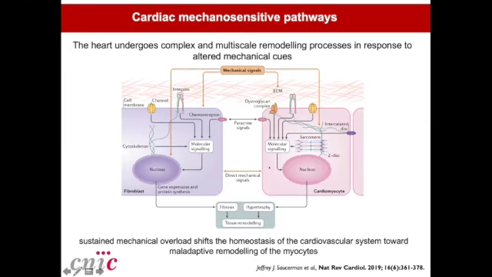However, when we have, for example, pressure overload in the heart, we have tissue remodeling and a response like hypertrophy. When we maintain this mechanical overload, we can have a shift of the homeostasis of the cardiovascular system toward maladaptive remodeling of the tissue.